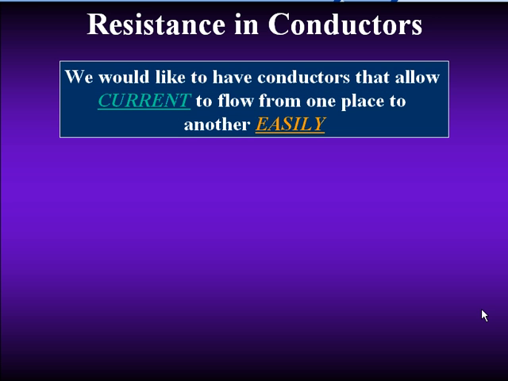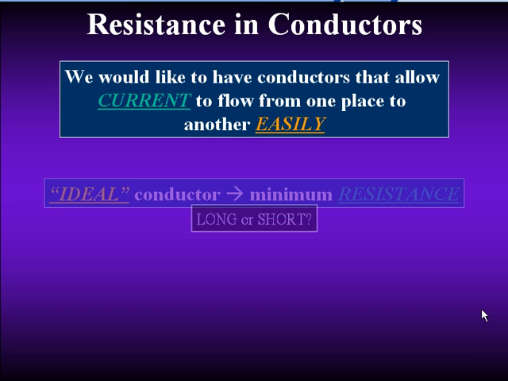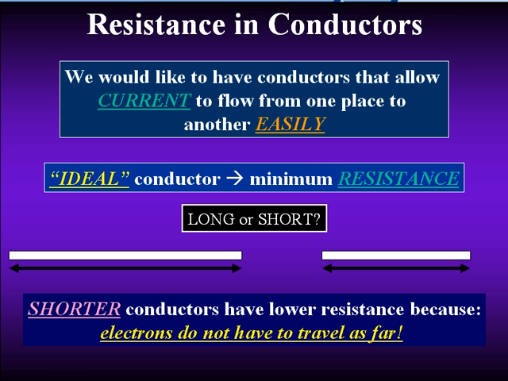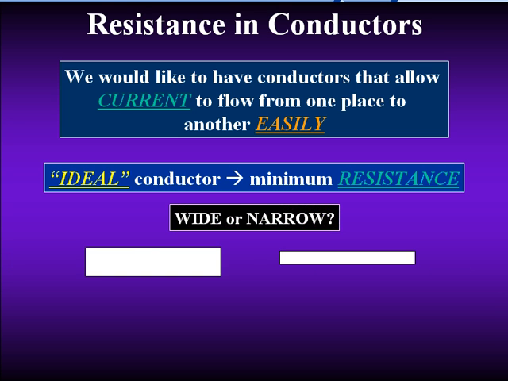All right, let's try a problem. We would like to have conductors that allow current to flow from one place to another very easily. So what would be the ideal conductor? Long or short? Well, the ideal conductor would be short. Shorter conductors have lower resistance because the electrons don't have as far to travel. How about wide or narrow?